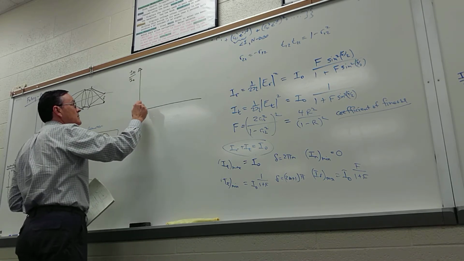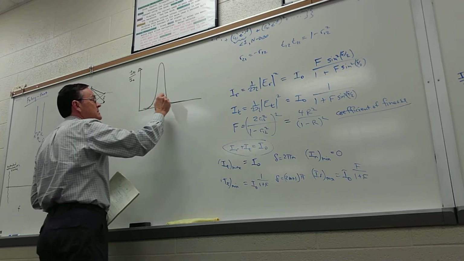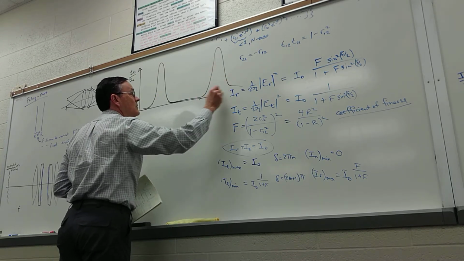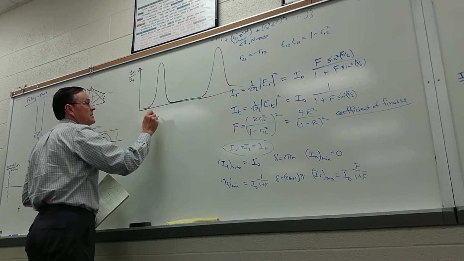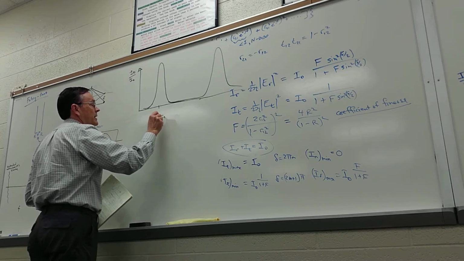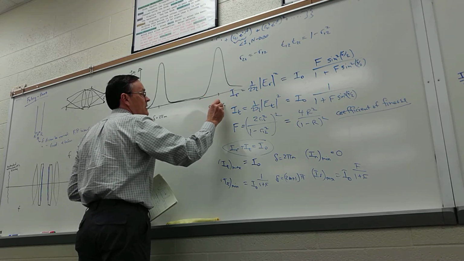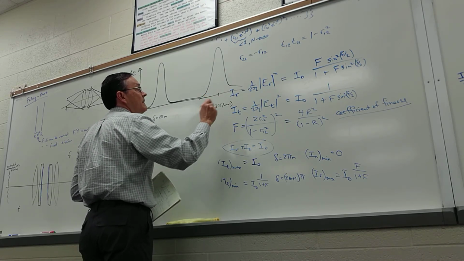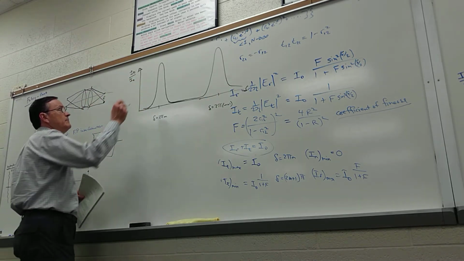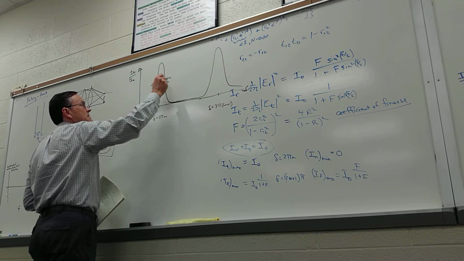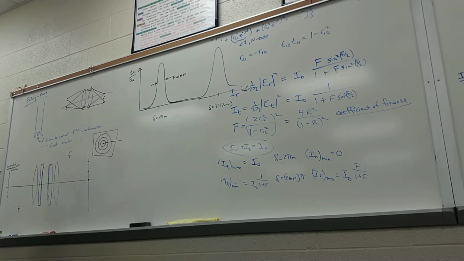I'd get something that looks like this. Let's say this is delta equal to 2 pi m, and this is delta equal to 2 pi (m plus 1), and this is the delta axis. Then this is the full width half max of the peak.